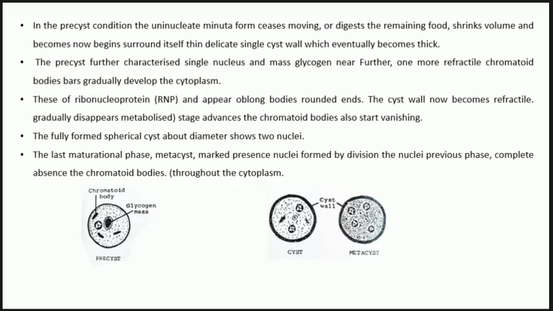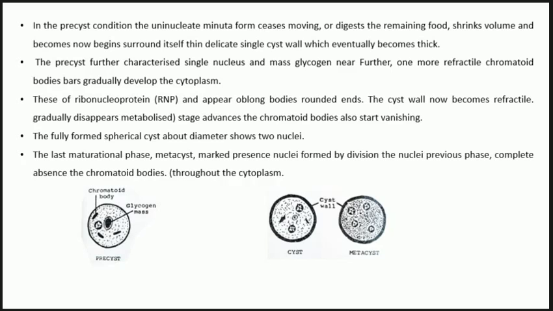Now the cyst wall becomes refractile. Now the stage advances from the precyst towards the cyst. As you can see, in the precyst you don't see the wall, whereas in the cyst and metacyst you can see the thick wall. Glycogen is there, but now it is smaller in size.